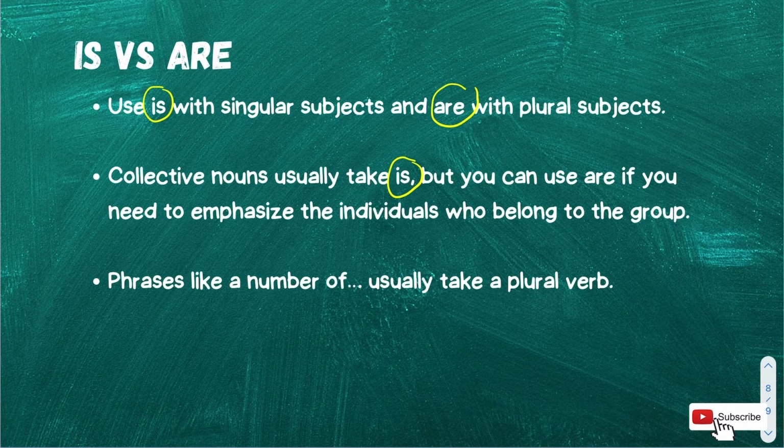Sa fish, school. You can use are if you need to emphasize the individuals who belong to that group. So, gaya na in-explain natin kanina. And then phrases like a number of usually take a plural verb. Especially dun sa case ng a number of, ang gagamitin natin sa kanya ay are.